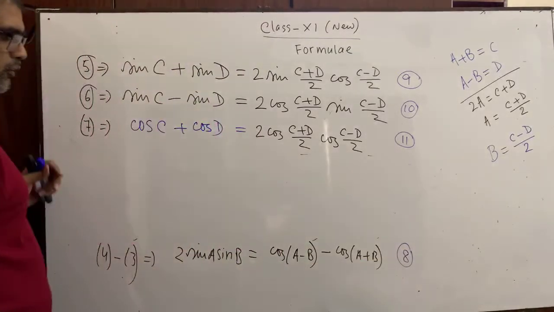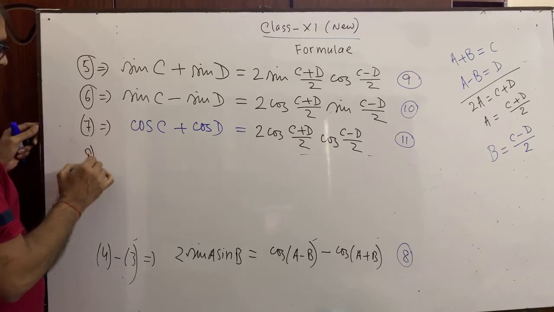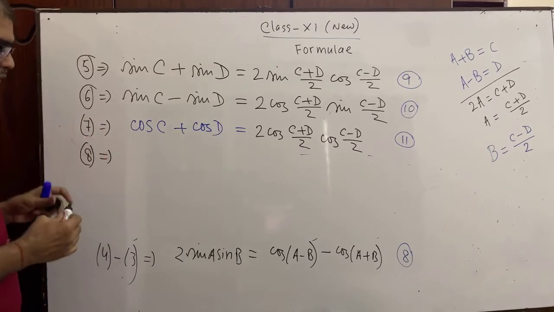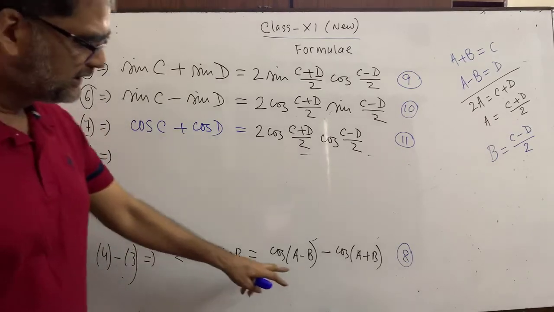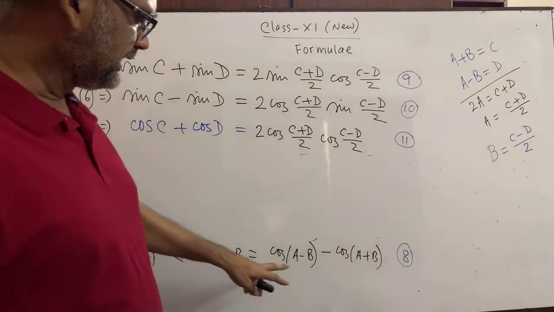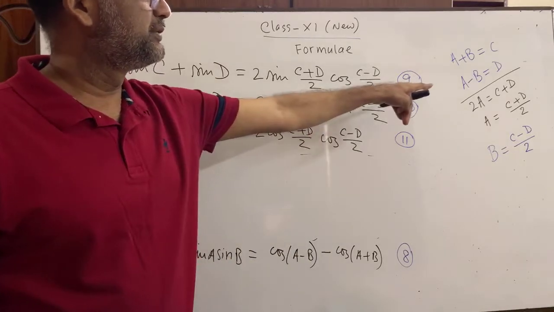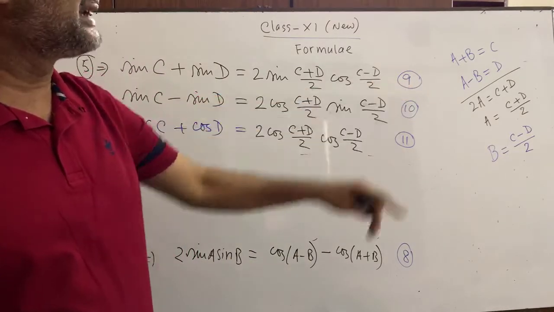Now formula number 8, from 8 we get, we put here the value. This is different from the other. Here at first a minus b, okay. So what is the value of a minus b? That has been left as d.